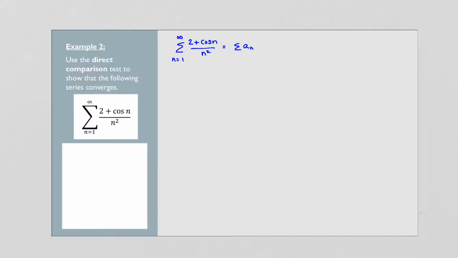For the direct comparison test, we need to find a comparing series, b sub n. Well, in this example, it's not quite as clear-cut what we should choose b sub n to be. So let's do a little thinking. What do we know about a sub n?